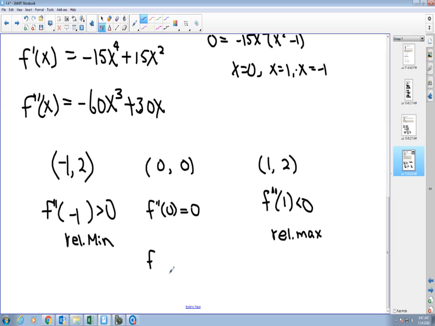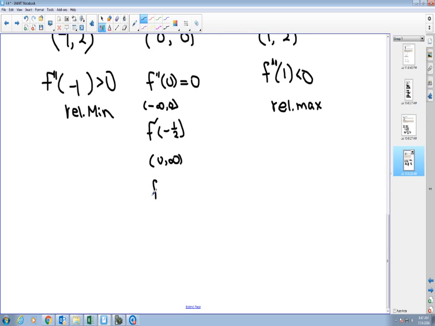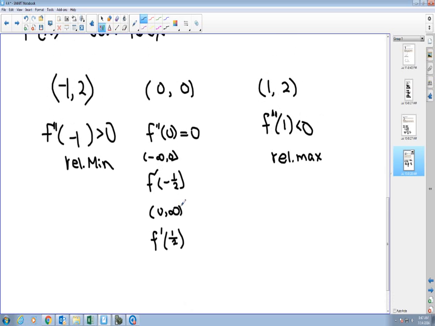I'm going to use f prime, because I'm thinking about 0 here. To the left of 0 is negative infinity to 0. I'm going to pick a number close, that will be negative half. The other interval goes from 0 to the right, so I'm going to use f prime of a half because I don't want to get into 1 or negative 1.